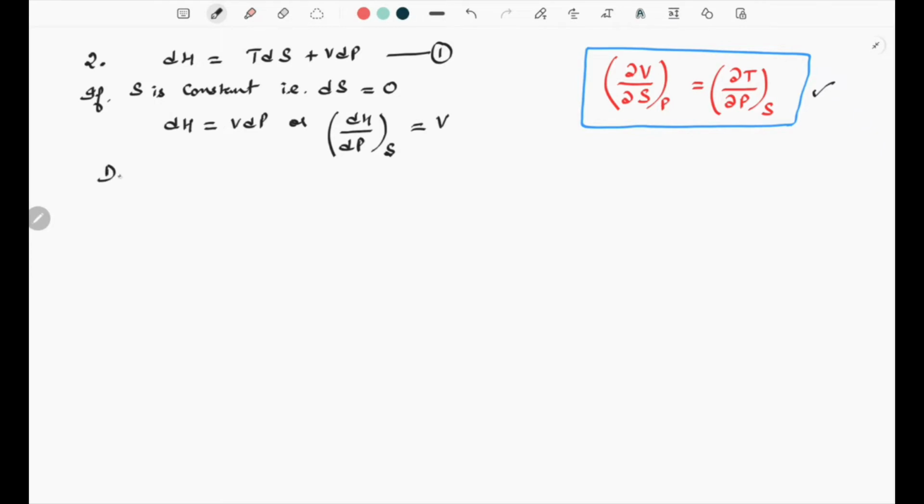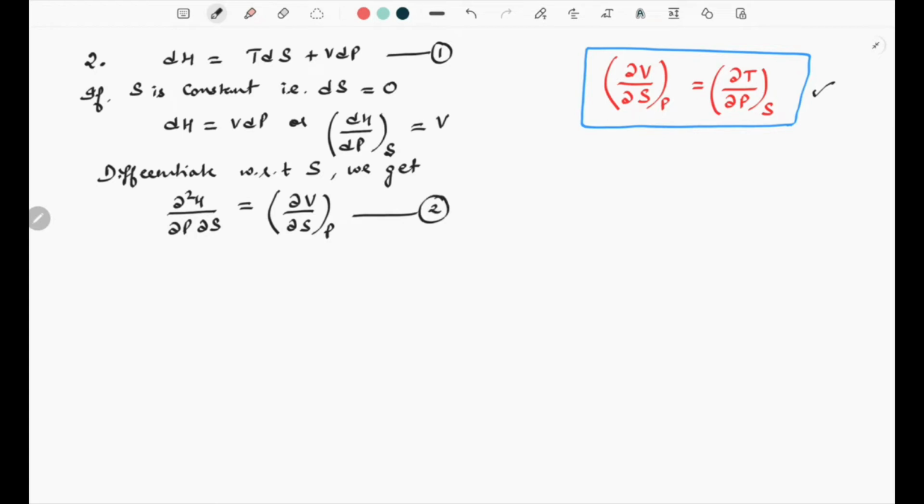Now differentiate this equation with respect to entropy. What we get is ∂²H by ∂P ∂S is equal to ∂V by ∂S at constant pressure. This is equation number 2.